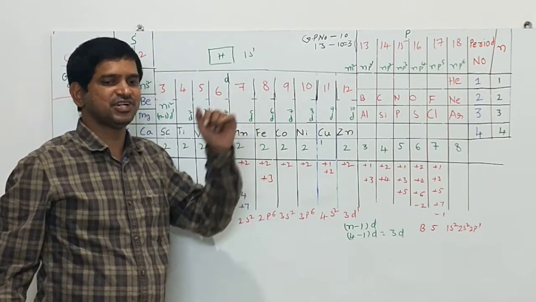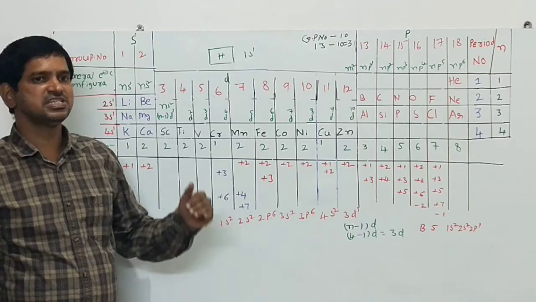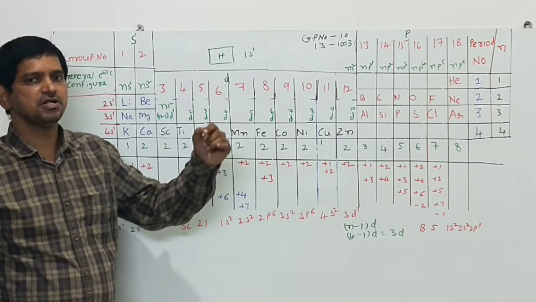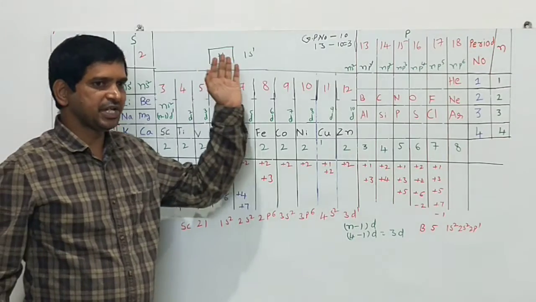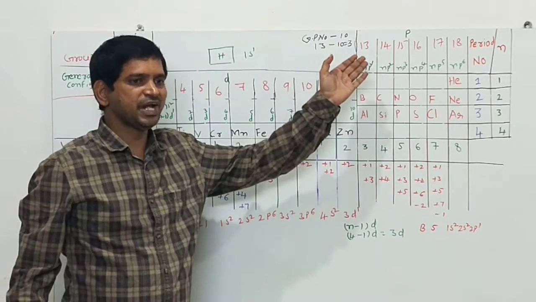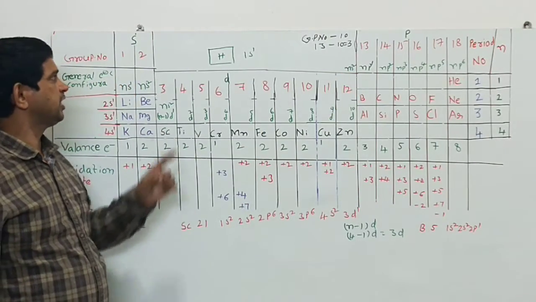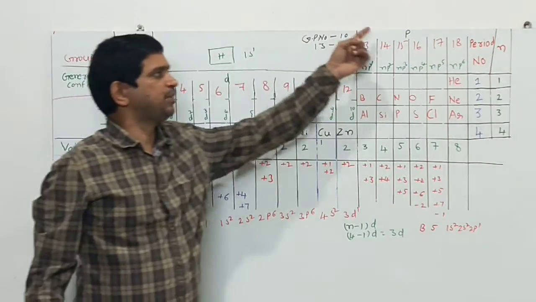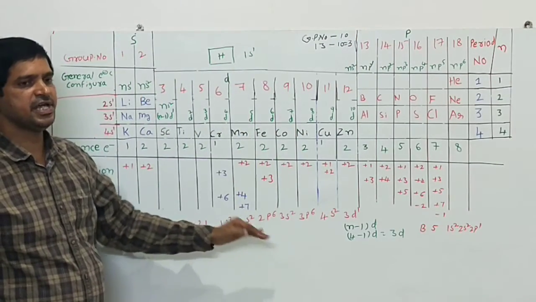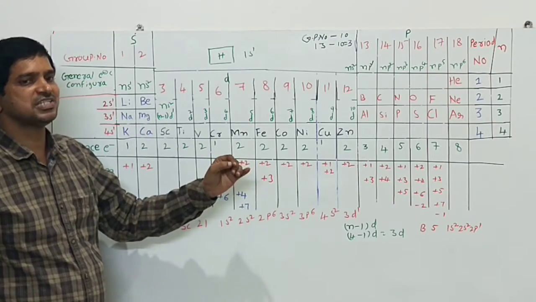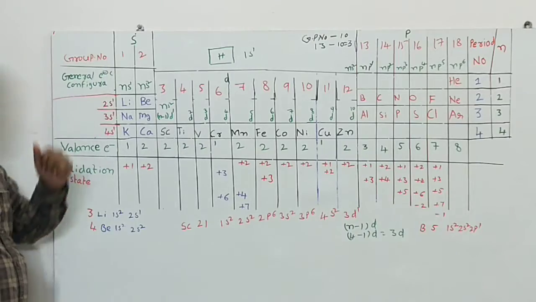Based on the entry of this differentiating electron into a subshell, periodic table elements are divided into 4 blocks: S block, P block, D block and F block. Here I am not going to discuss F block elements. First we see S block elements.